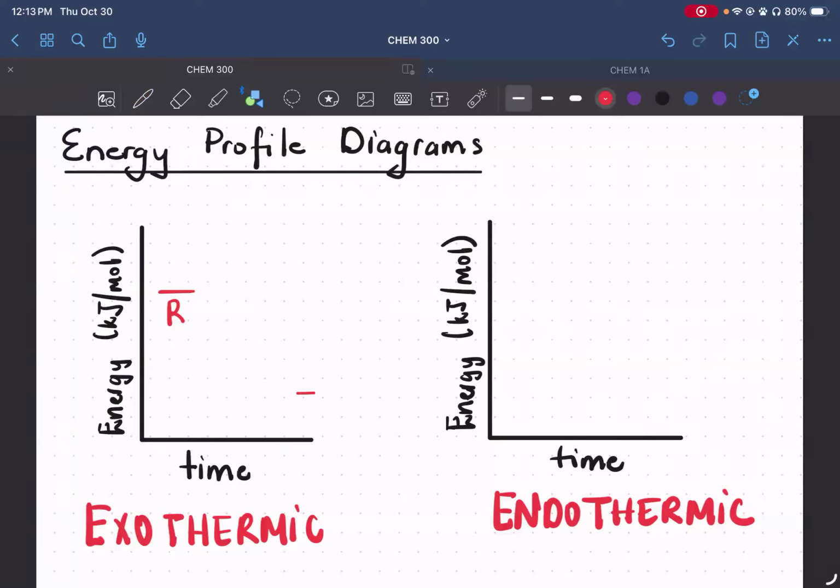Those products have an energy value lower than the reactants. In stark contrast, in the case of an endothermic, although we do have reactants at the very beginning, the difference is the products are higher in energy overall. So the reactants are on the left of the graph, the products are on the right. The difference, of course, comes from which one's higher or lower.